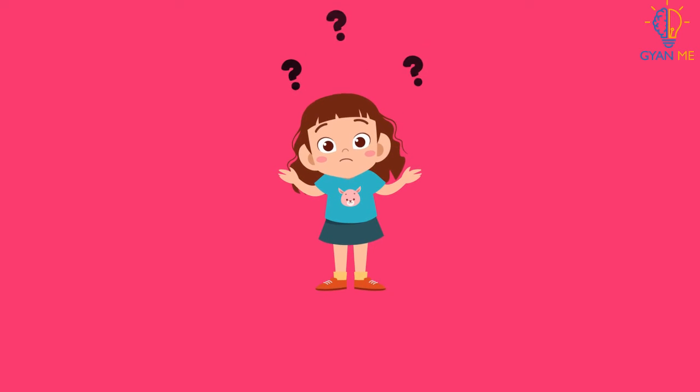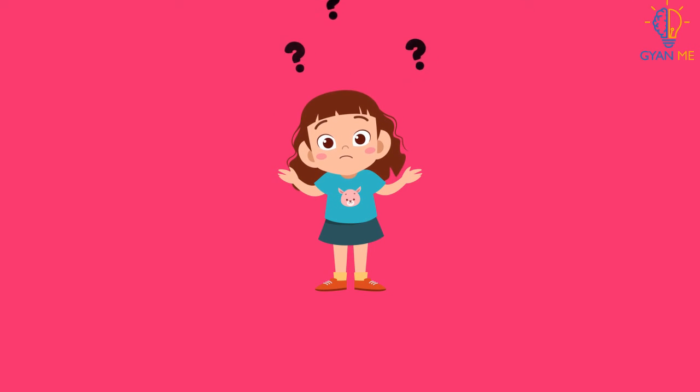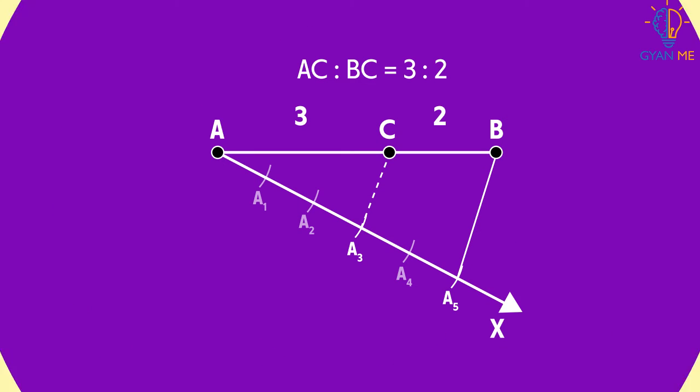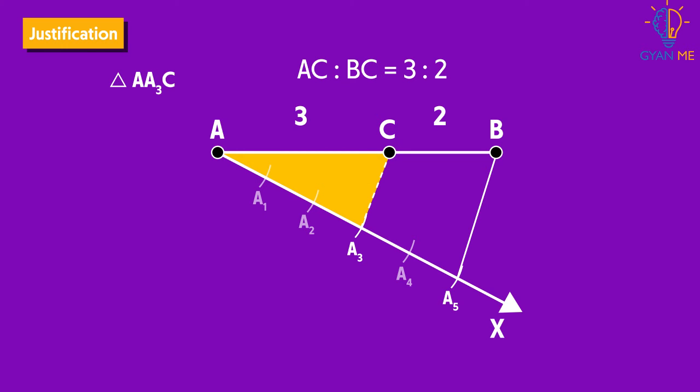But now, the question is, how does dividing AX divide AB in the required ratio? Let us justify our construction. So, let us see how this method gave us the required division of the line segment. If we observe the diagram formed after construction carefully, we find two triangles, triangle AA3C and triangle AA5B.